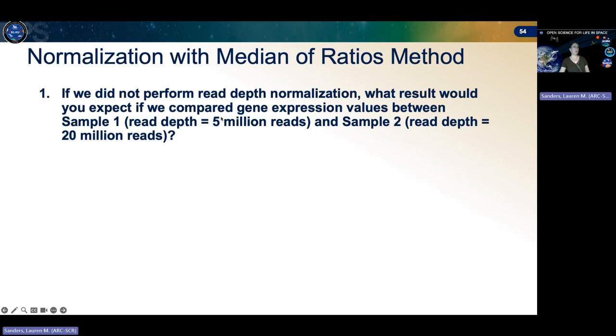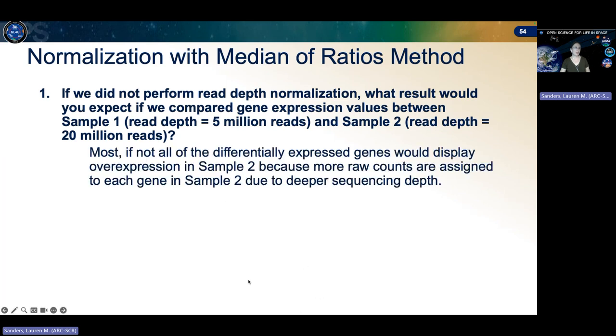So let's say we didn't perform this read-depth normalization. What would we expect if we compared gene expression values between sample 1, where the read depth was 5 million reads, and sample 2, where the read depth was 20 million reads? Well, we would accidentally think that most of the differentially expressed genes were way overexpressed in sample 2, because more raw counts are being assigned to each gene in sample 2 because of that deeper sequencing depth.